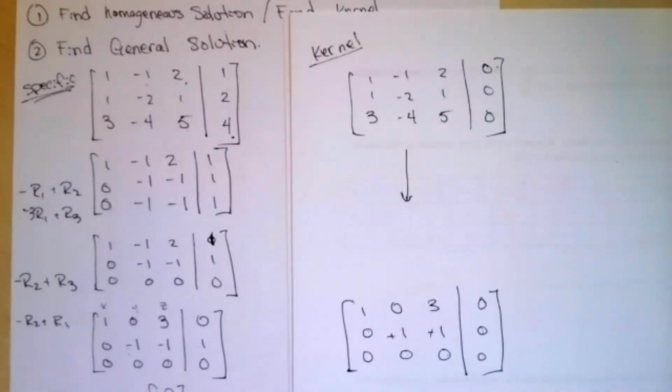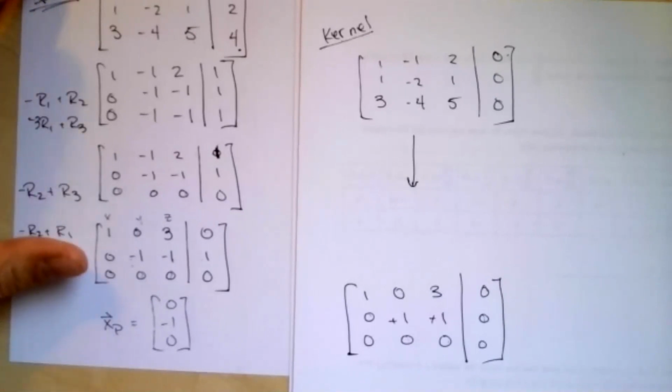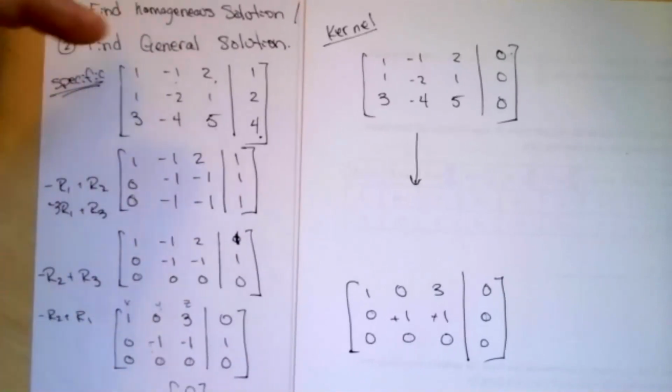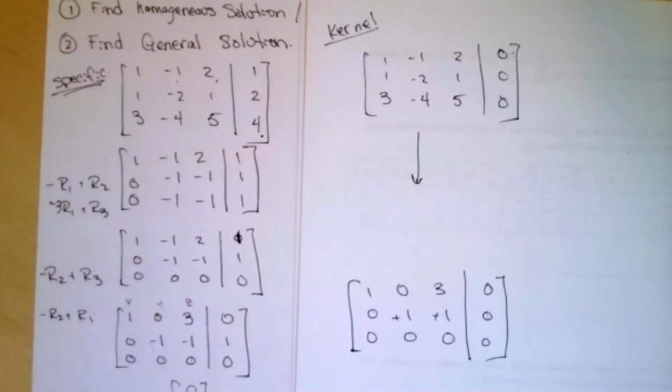Everyone see that? So these general solution problems are not as much work as you think. It's kind of the same thing we've been doing, coming up with the specific solution. Then to come up with the kernel, since you've already done all the row operations, it's not that much extra work because you don't have to redo them.